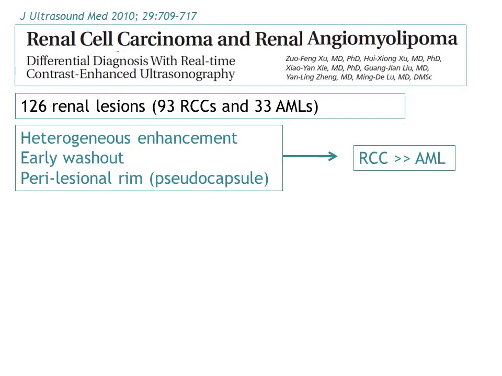This article included 126 renal lesions, 93 renal cell carcinomas, and 33 angiomyolipomas. They reported that if the mass shows heterogeneous enhancement, early washout, and perilesional rim, or pseudocapsule, it is much more likely a renal cell carcinoma than angiomyolipoma.